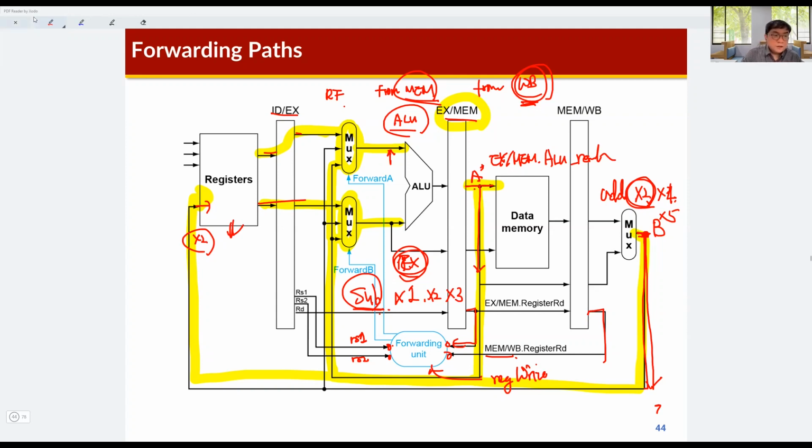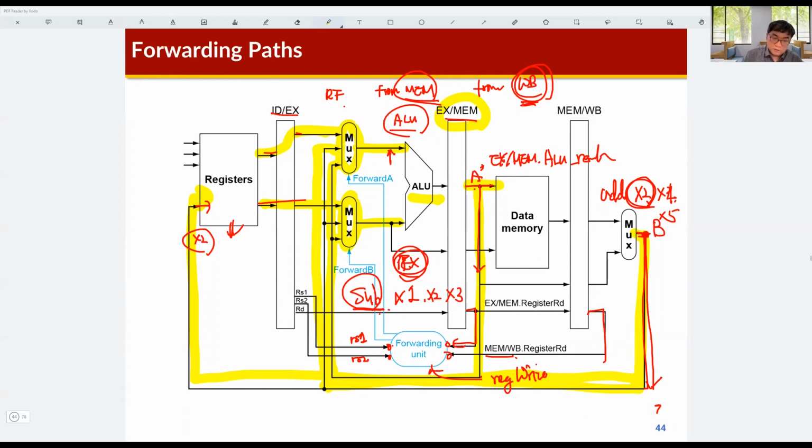So this data, that means that the result which is being written back to the register file is also forwarded to the input of the ALU. So this ALU receives three possible input operands.